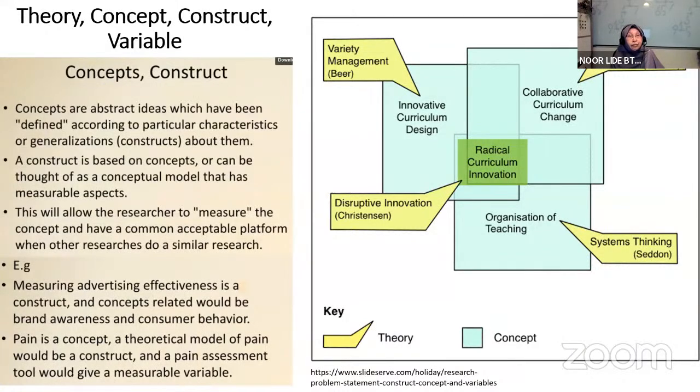And different people define concepts differently. For example, there are some people who define teaching at higher institution. It's not the same as teaching at schools, because the participants are different. The nature of the knowledge is different. Okay, so hence the difference in definitions of concepts.